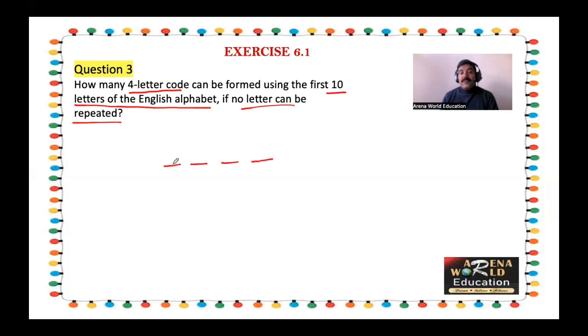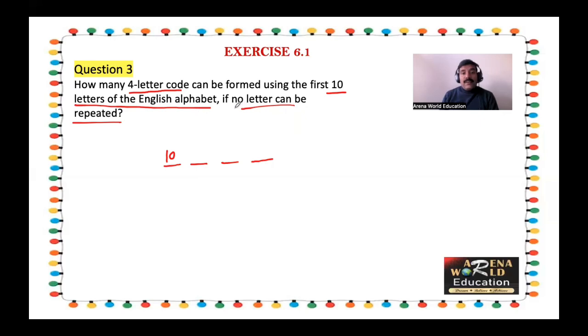So we have made 4 places, right? So now same process, just like previous one. This time, first 10 letters of the English alphabet, no letter can be repeated. So if we start with first letter, so this can be filled by any of the letter, right? So we are having 10 ways to fill first place.